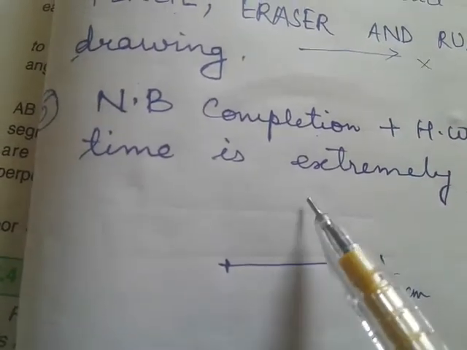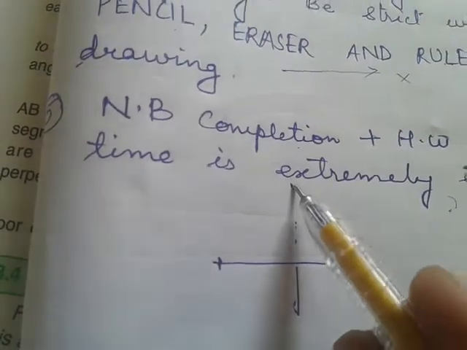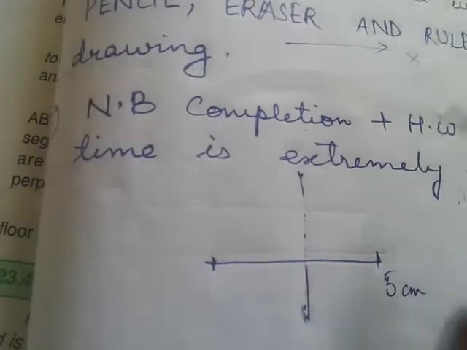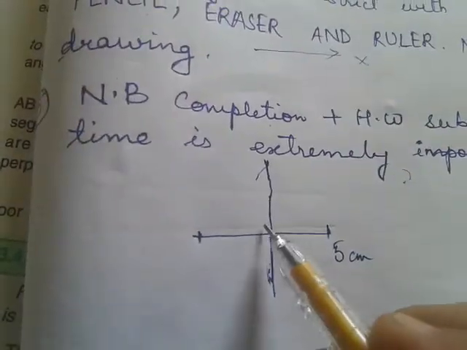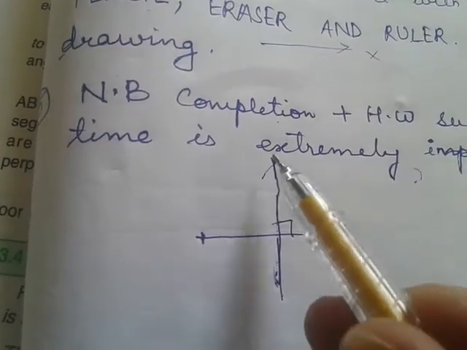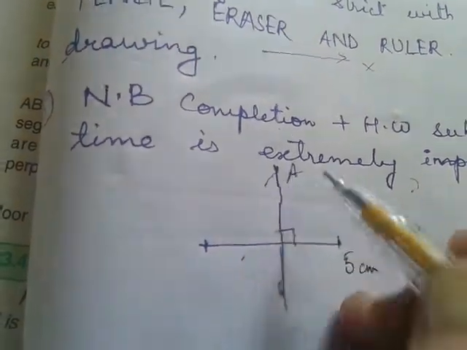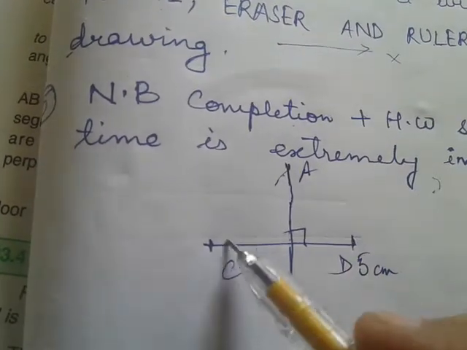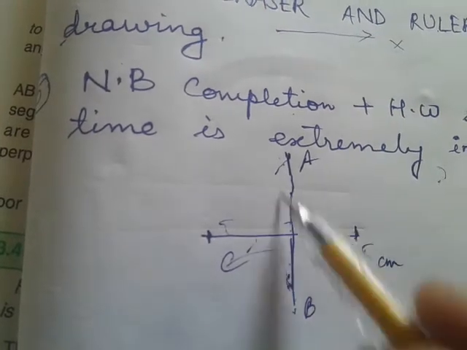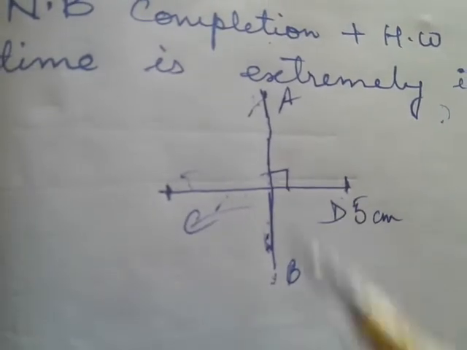And I have drawn one more line segment which passes through it at 90 degrees. So the first conclusion is these two are perpendicular to each other. So this is AB and this is CD. AB is perpendicular to CD or CD is perpendicular to AB. Why? Because you can see these two are perpendicular to each other because 90 degrees is formed.